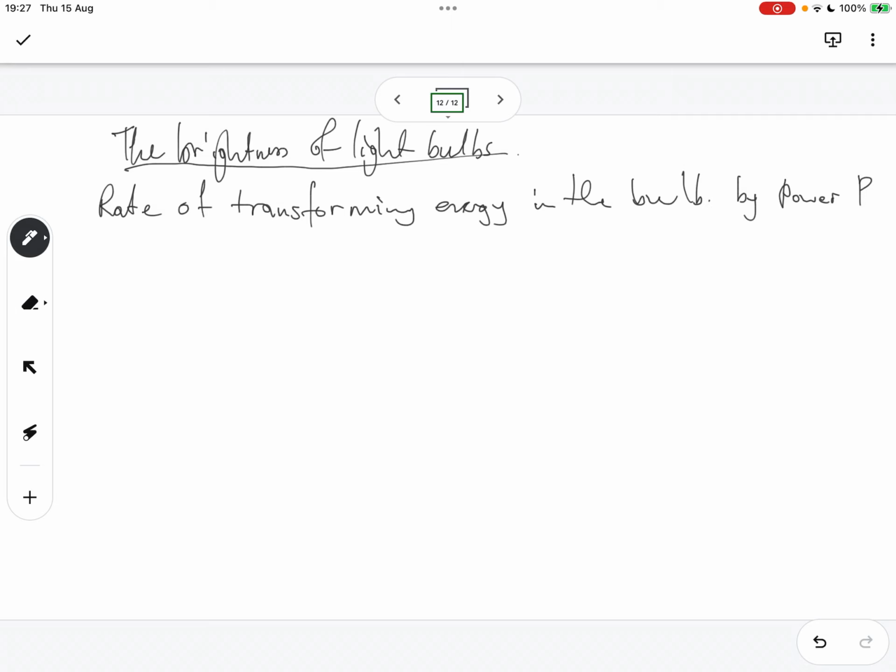Maybe not. All right. So as the power increases, the brightness increases. So increase in power equals increase in brightness.